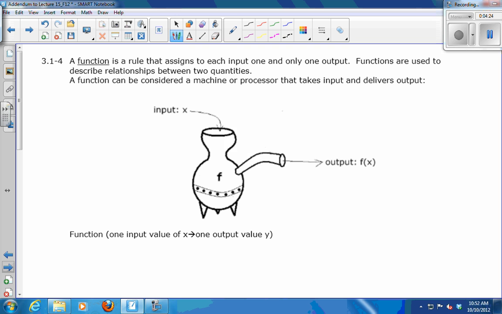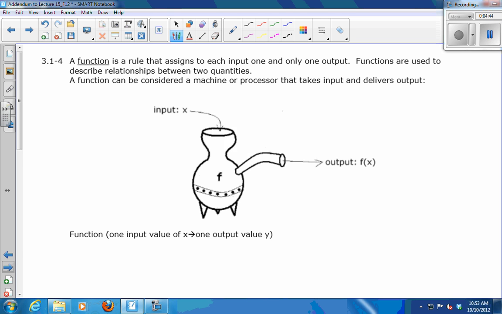Okay. So a function is a special kind of relationship between two variables. It's a rule that assigns to each input one and only one output. So they describe a relationship between two quantities. Think of it like a machine or a processor. It takes in an input and it delivers an output.